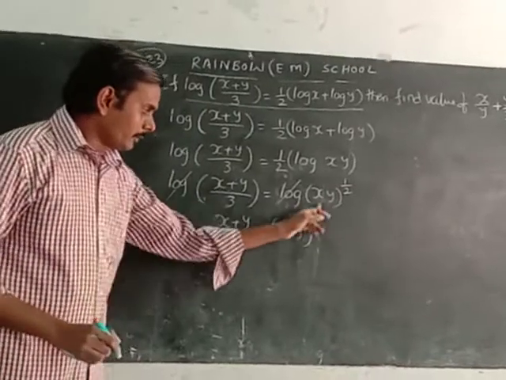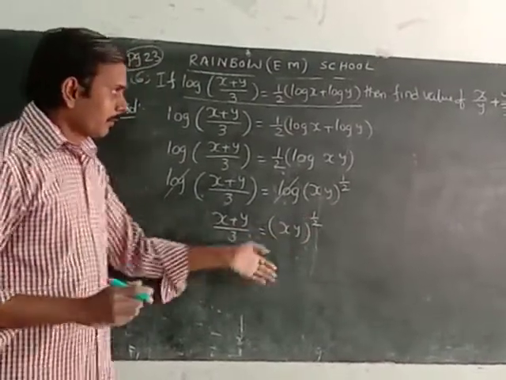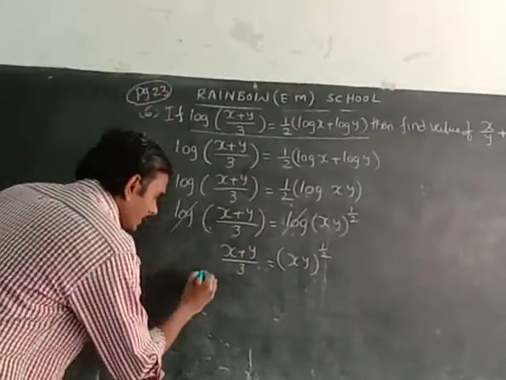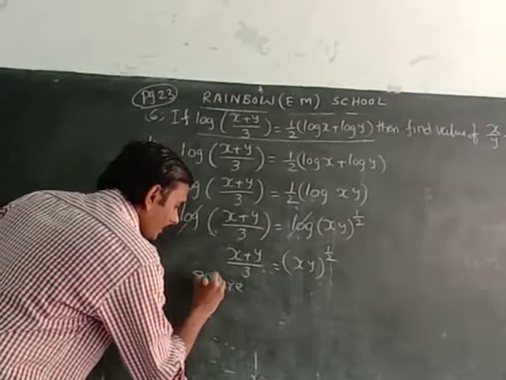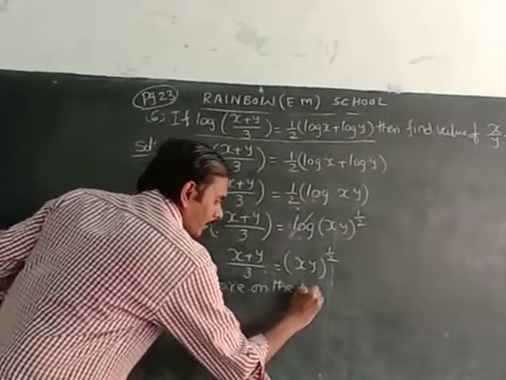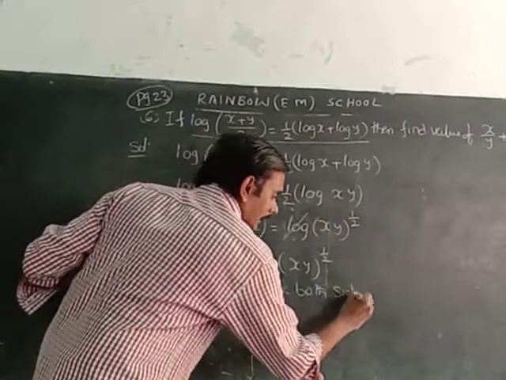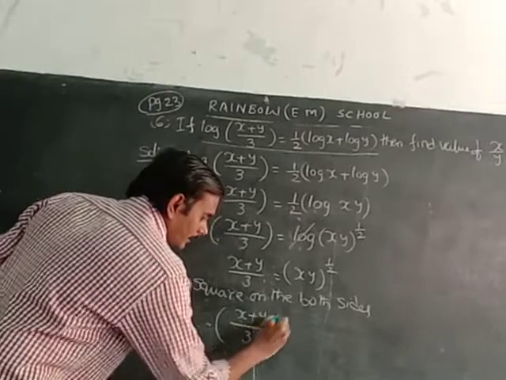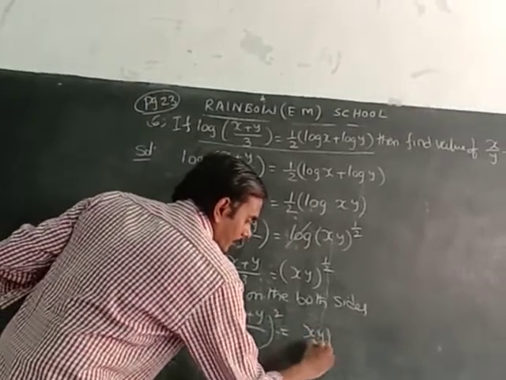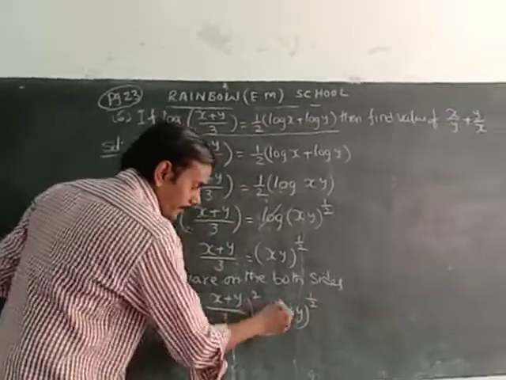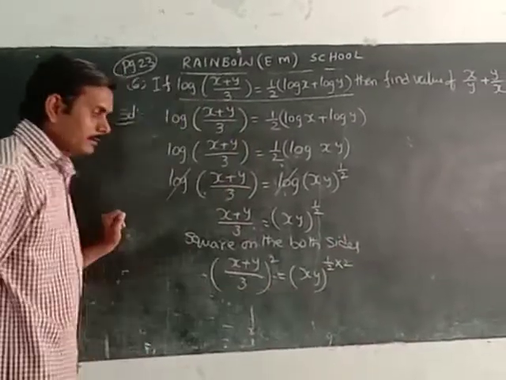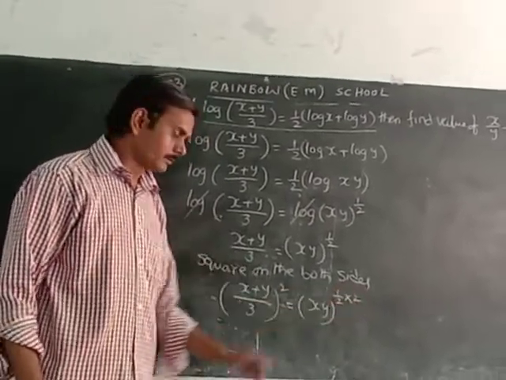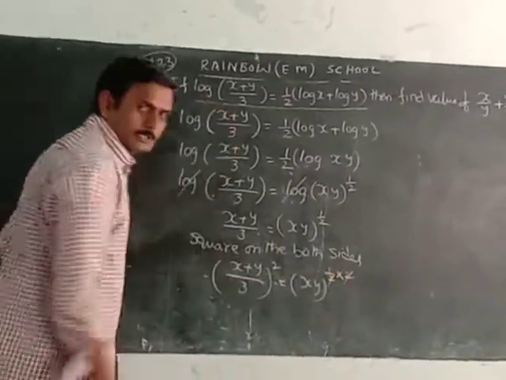Now I want to remove this power also, so squaring on both sides. (x plus y) by 3 whole square equals (xy) whole power 1 by 2, which you have to square. Squaring means multiplying this exponent with 2, so the 2s will be cancelled.